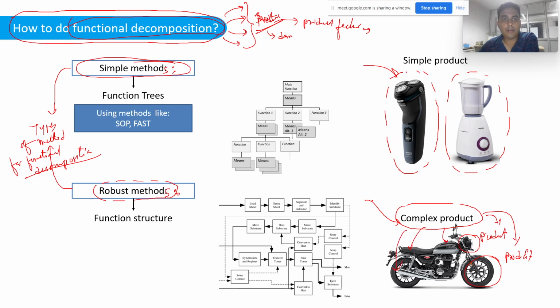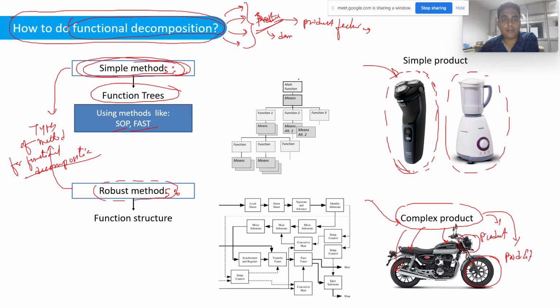However, a simple product having a small set of functionality can be easily handled using this sort of simple method of functional decomposition. So, in this lecture, I'll be covering the simple methods, which comprise a method called SOP and FAST. The goal of using a simple method is to arrive at something called a functional tree.